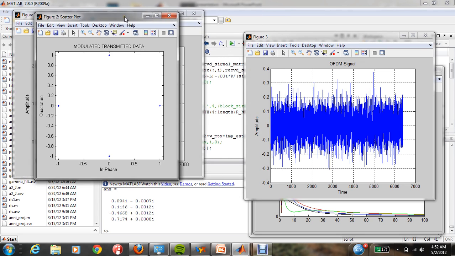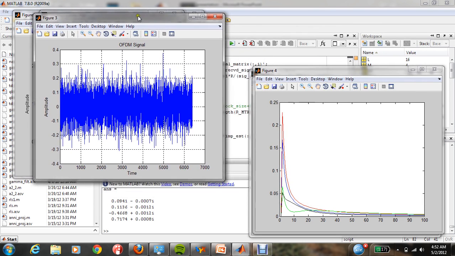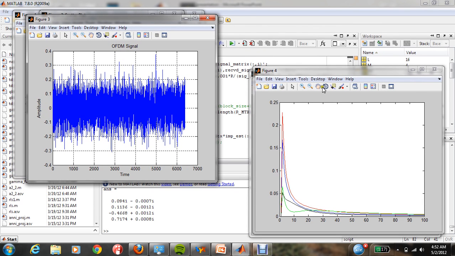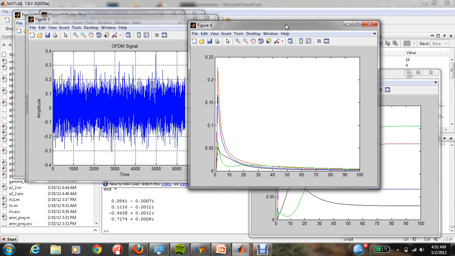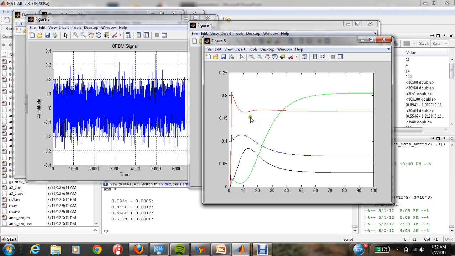All these data symbols are modulated into either of these 4 points in the constellation diagram. This is the OFDM symbol to be transmitted, and these are the learning curves, that is the mean square error plots with iterations. We see that all of them converge, hence the algorithm is stable, and these are the error square plots.